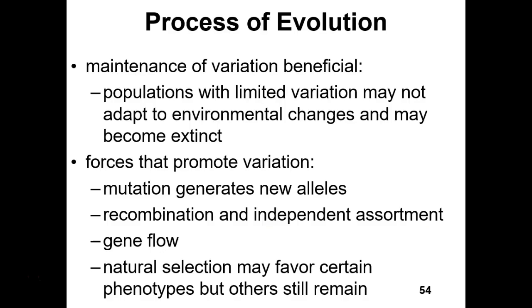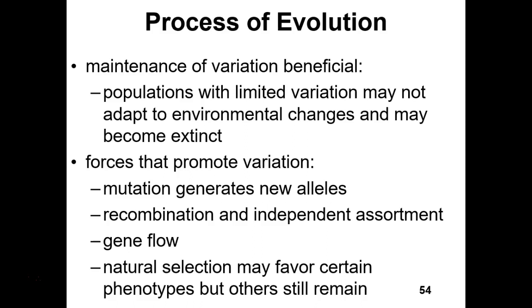So we're going to look at how we maintain unique characteristics. Populations that have very little variation are not able to adapt as effectively typically. So we need to have the variation within a population, even if some of those alleles may be considered potentially harmful in certain circumstances.